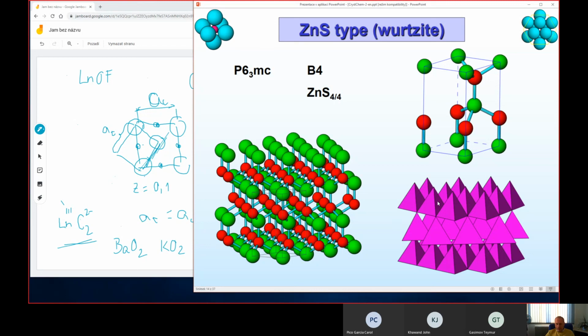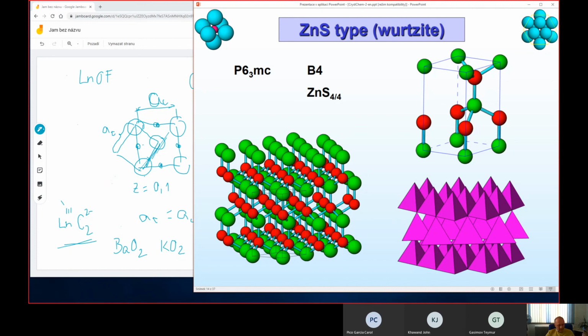You also can see that unlike the complete filling of tetrahedral positions in calcium fluoride, where we have edge-sharing tetrahedra, here the tetrahedra are corner-shared. The symmetry is hexagonal, P6_3mc. The structure type is B4.